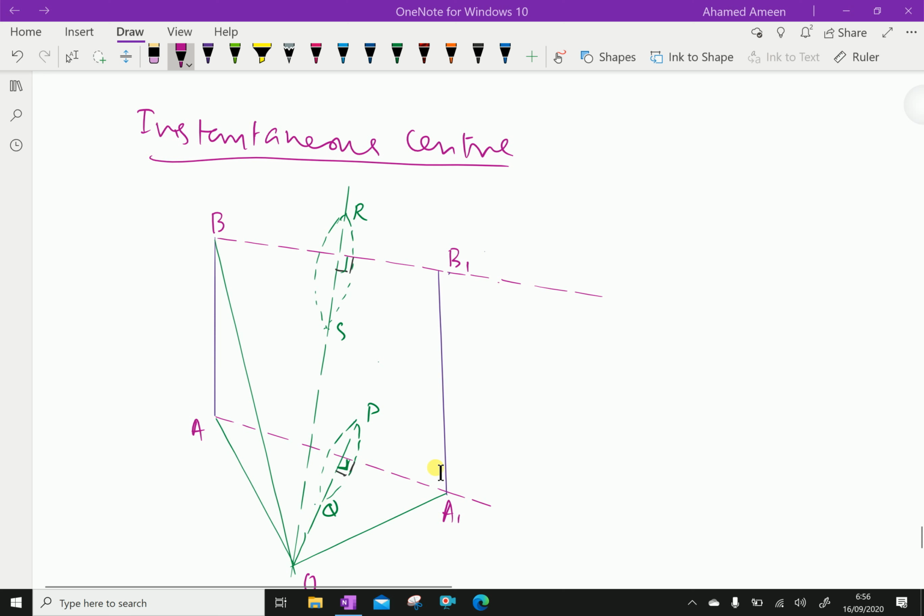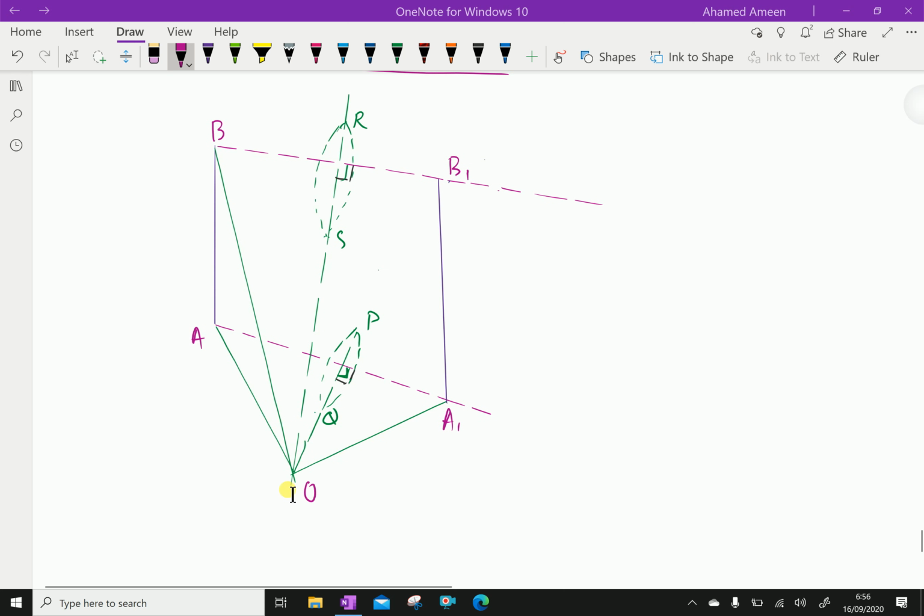This combined motion of translation and rotation may be assumed to be a motion of pure rotation about some center. Here the translation motion as well as the rotational motion are combined together and considered as purely rotational motion with respect to some point, some center. This O is called the instantaneous center.